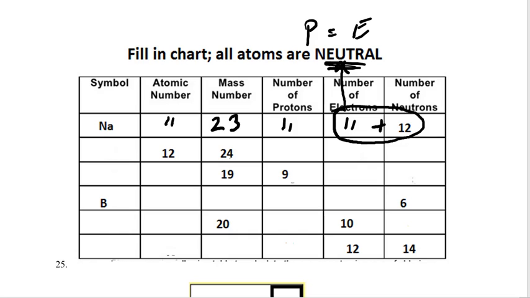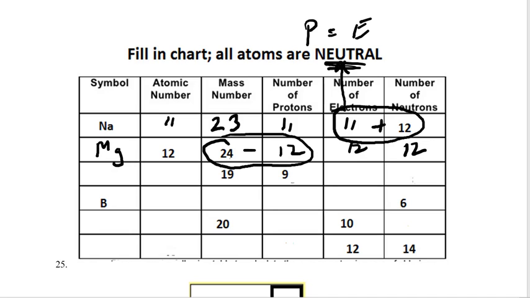Now 12 means that this must be magnesium. I can just tell because of the atomic number, meaning that these are also 12. Number of neutrons, you get that from the mass number minus the atomic number. I have 12 neutrons because 24 minus 12 is equal to 12.